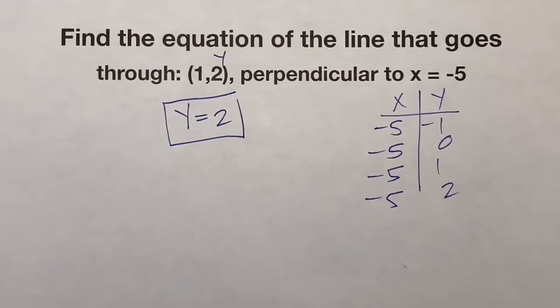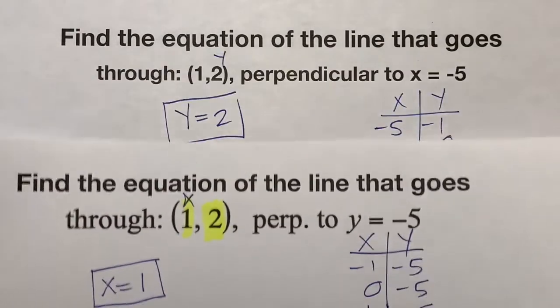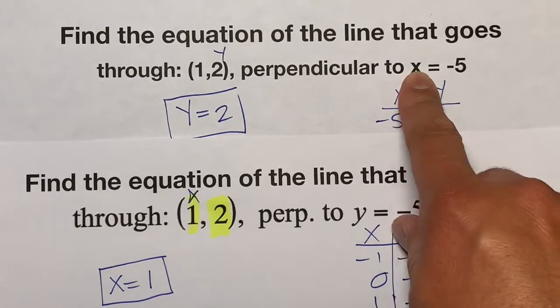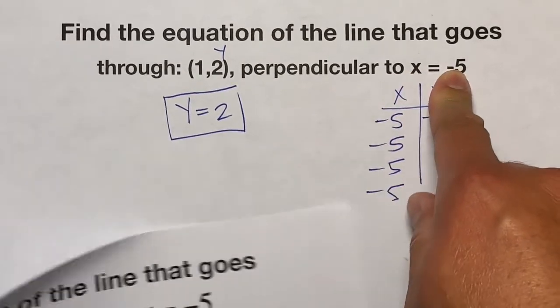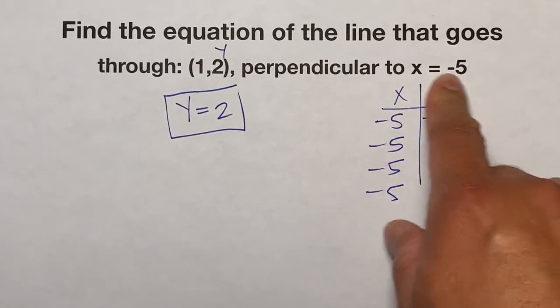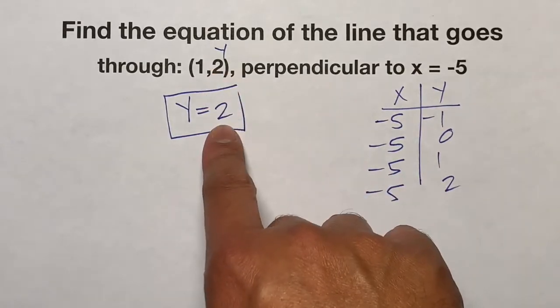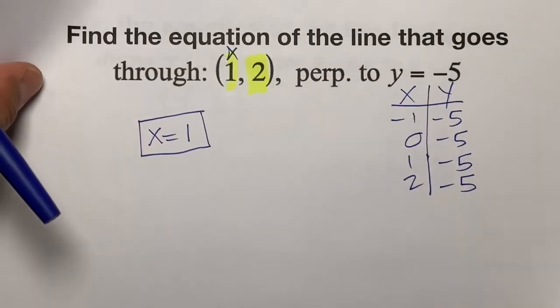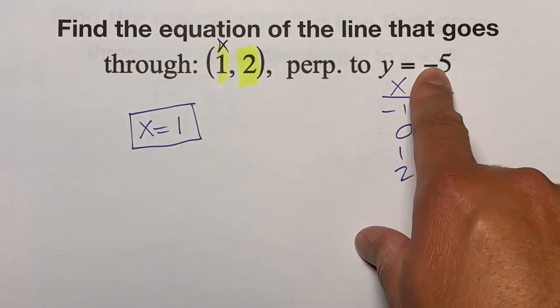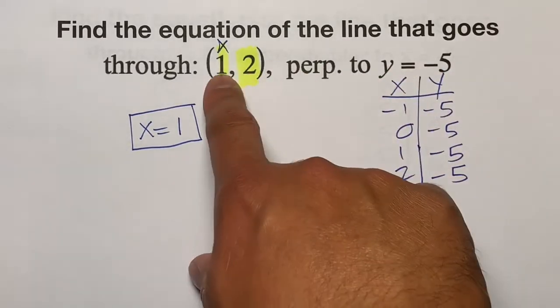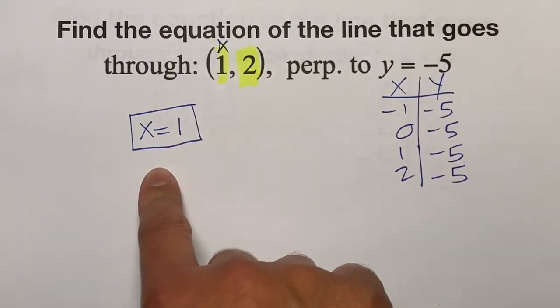All right, so with these problems, these are pretty quick. We don't really have to do much algebra. If you notice, x equals negative 5, so the line that's perpendicular would be y equals 2. Look at this one, y equals negative 5, so the line that's perpendicular would be x equals 1.